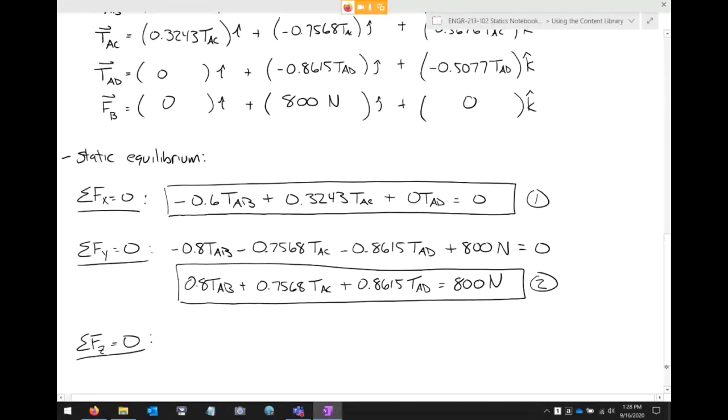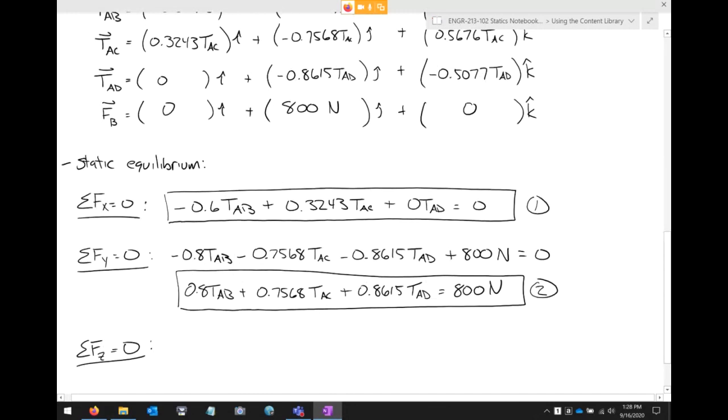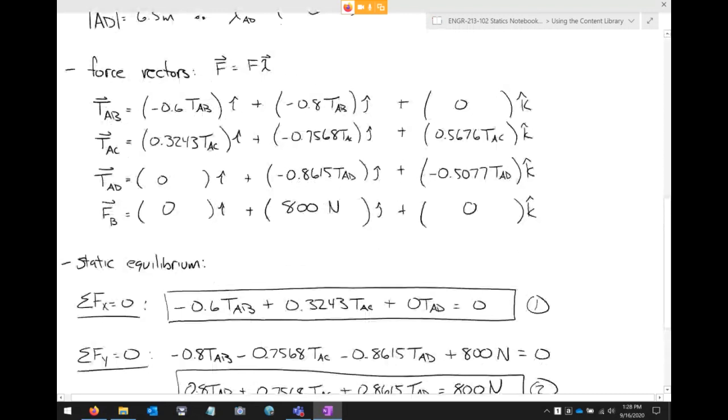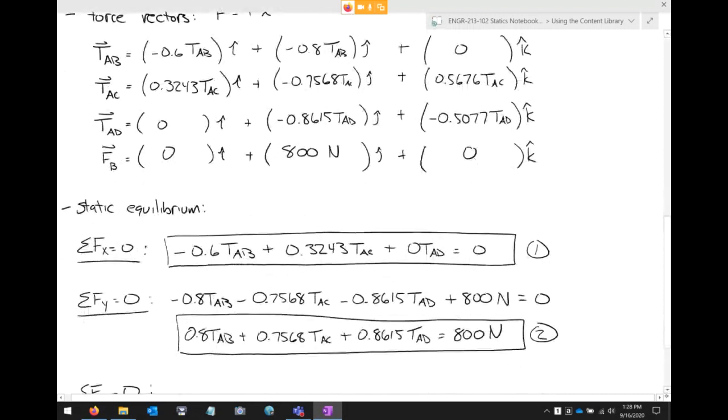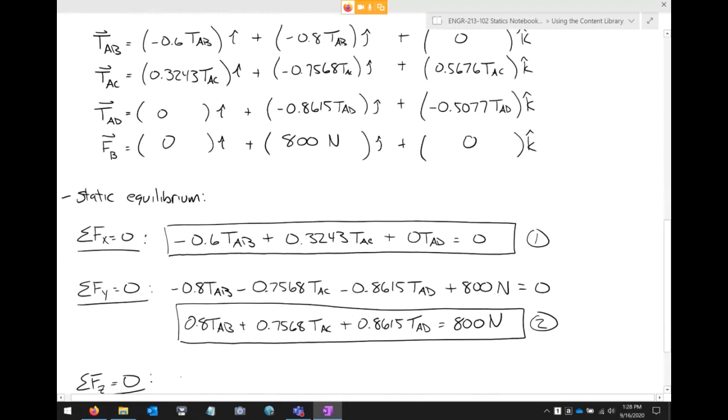All right. And so now let's do this one. Okay, so we have, you're fine. We'll go ahead and knock it out. So 0 TAB plus 0.5676 TAC minus 0.5077 TAD is 0.